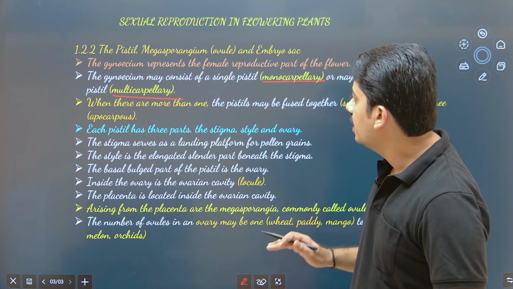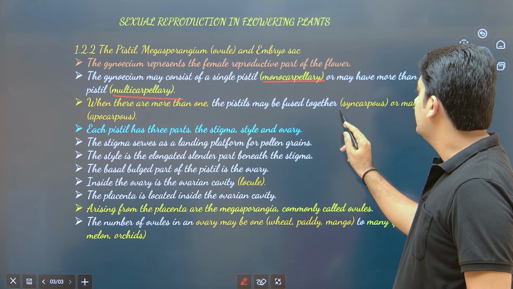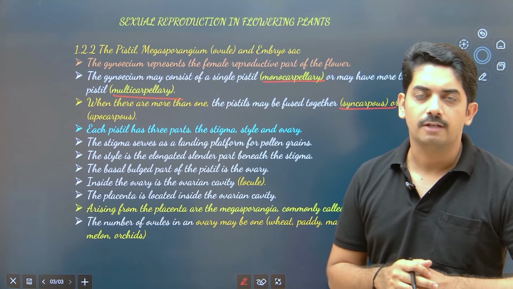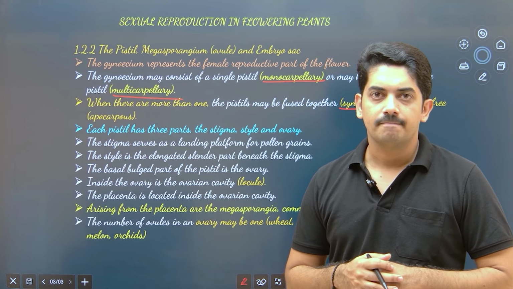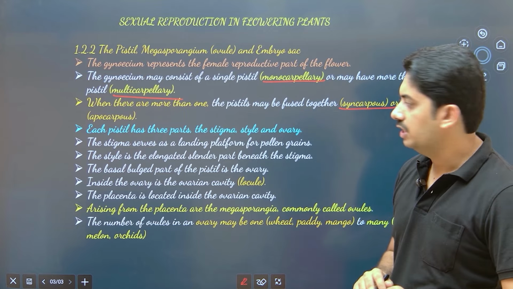So again there are two technical terms. When more carpels are present and they are all fused, then it is called syncarpous condition. Very commonly observed in citrus, where many carpels are present and they are all fused to form a single ovary. So we call it syncarpous condition.